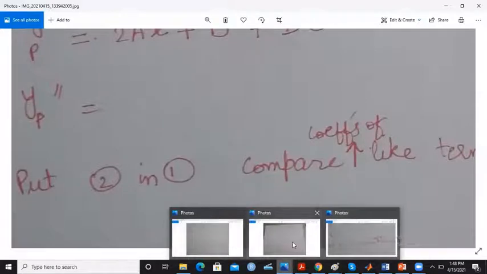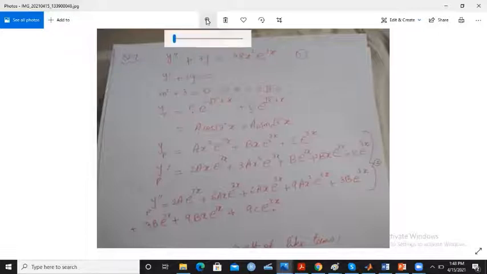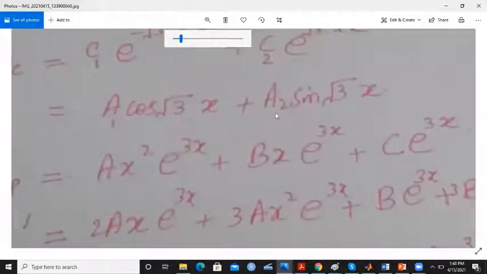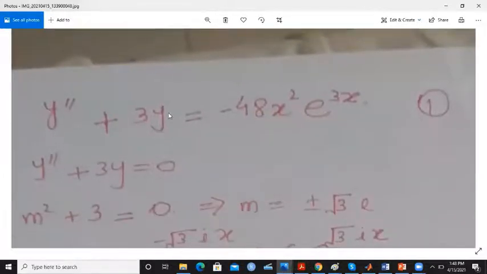For question number 7, look at this question carefully. You have y double dash plus 3y is equal to minus 48x squared e to the power 3x.